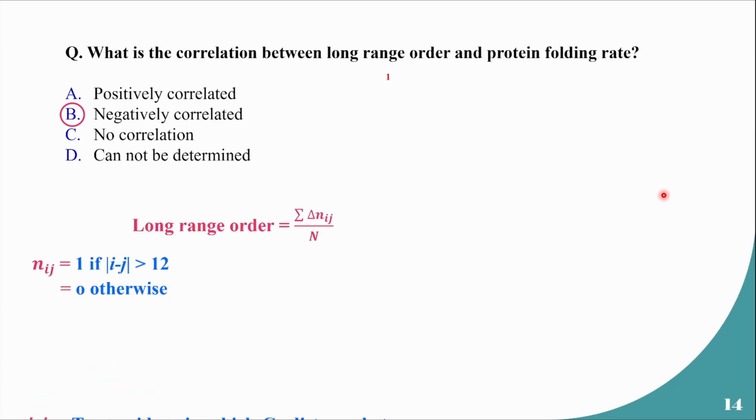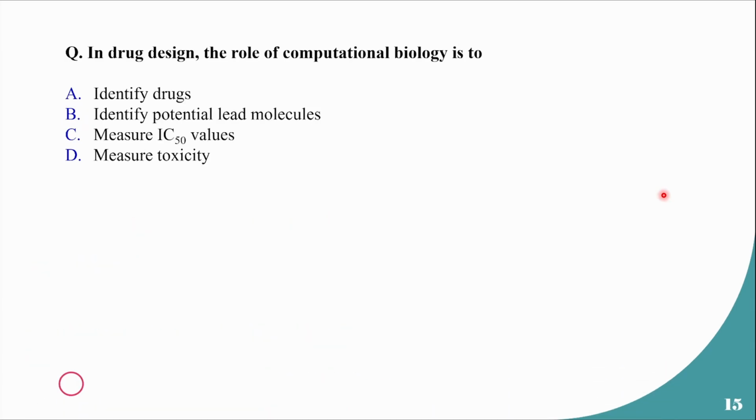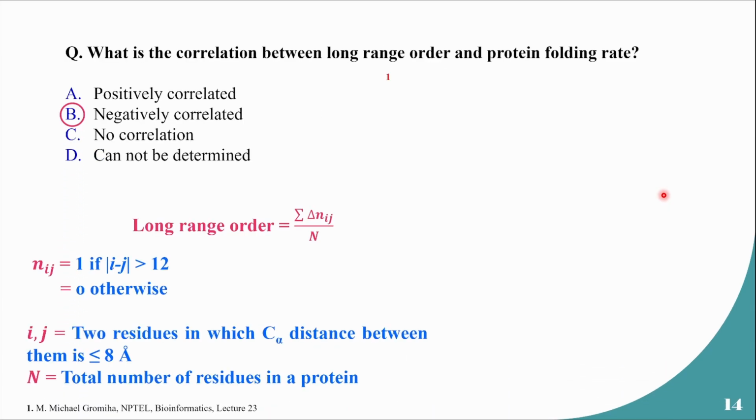So these were some of the concepts that we went over in the earlier set of classes. In this one, of course, we will talk about docking, the related concepts, and the different algorithms that Professor Gromiha went over. So we'll just get into all of this.